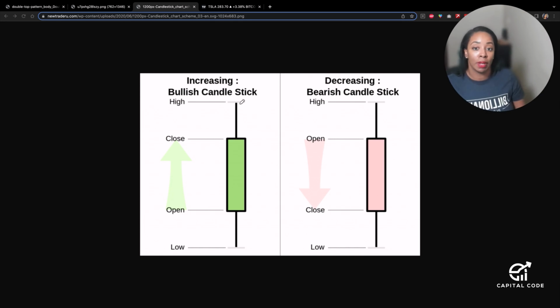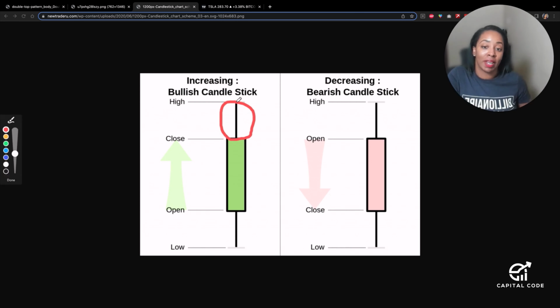Another thing you may be seeing, this thing right here is called a wick. And the wick can also give you some really good information. Now we're going to see more examples when we move to an actual chart, but basically these wicks, or shadows as you may have seen them, give you a lot of information as well. And then too, the length of the body, this piece right here, can also give you some really good information.